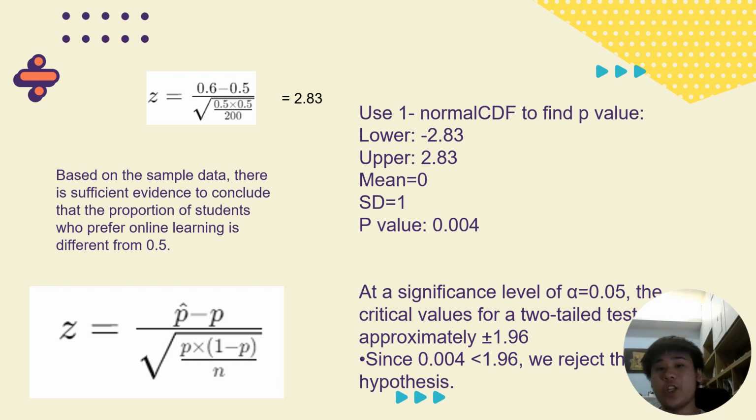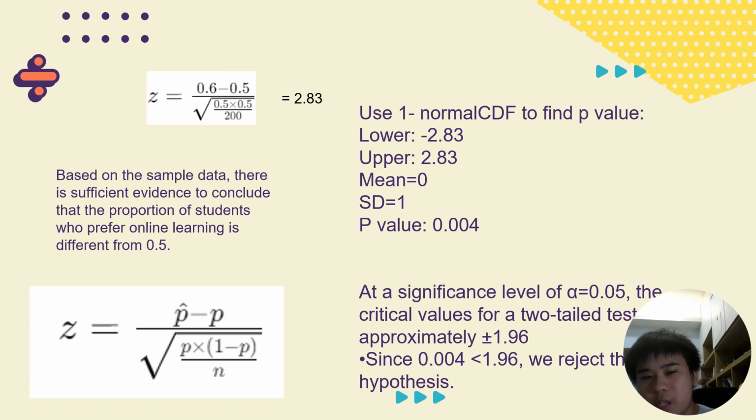Since this test is a two-tailed test, you will need to enter the negative of the test statistic as the lower bound and the positive statistic as the upper bound. For example, if the z-score we found is 2.83, enter negative 2.83 as your lower bound, and the upper bound will be 2.83.